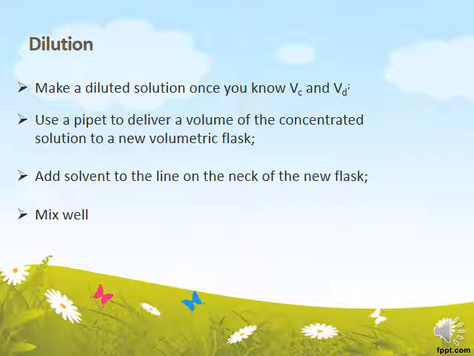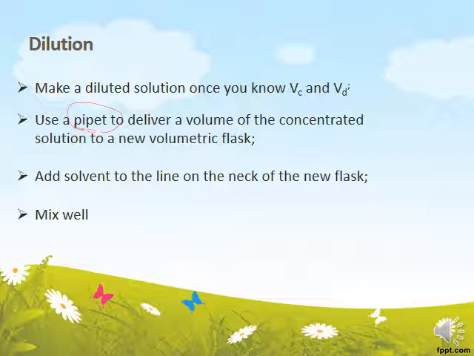Next is how to make a dilute solution. Dilution also needs a volumetric flask to prepare the solution, but to transfer the solution from the stock to the new volumetric flask, we need to use a pipette. Pipette is used to deliver solution from the stock to the new volumetric flask, not measuring cylinder, not beaker, so that we prepare an accurate concentration.